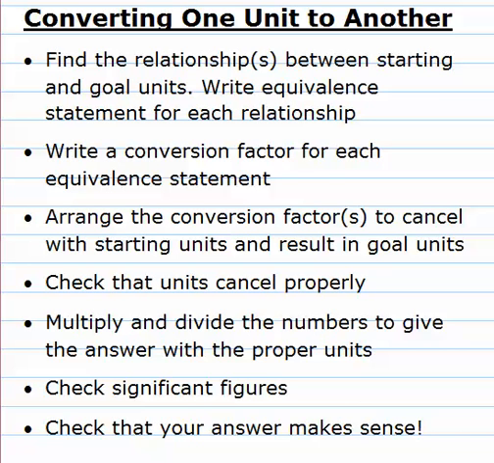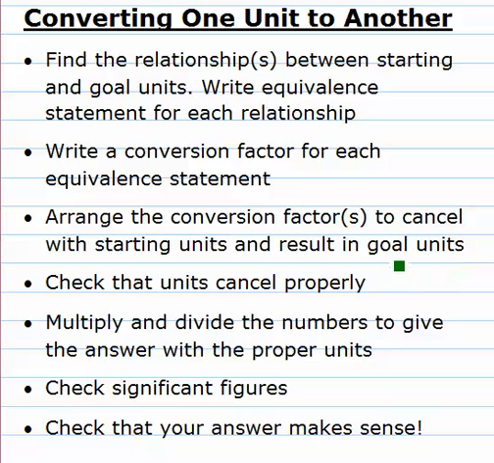In the case of unit conversion, it will be the relationship between the starting units and the final units. And we are then going to take that equivalence statement and generate a conversion factor that will allow us to cancel units appropriately. So we are going to arrange our conversion factor to cancel the starting units and result in the units that we desire, our goal units.